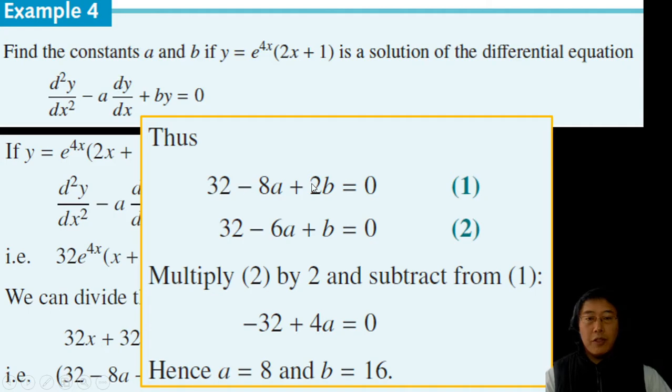So the first coefficient is 0, the second coefficient is 0. That gives you two linear equations in terms of a and b. We do an elimination method. We determine the value of a first, we substitute into one of the two equations, and we get the value of b.